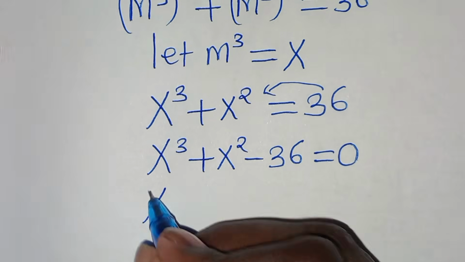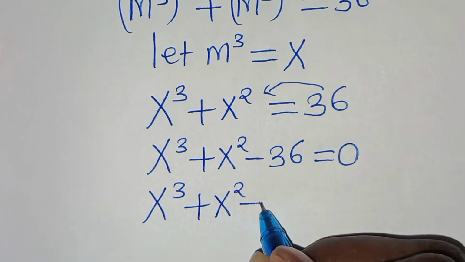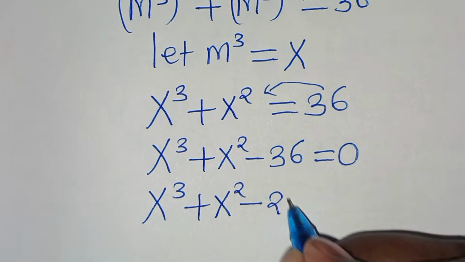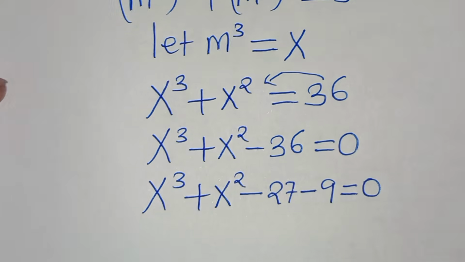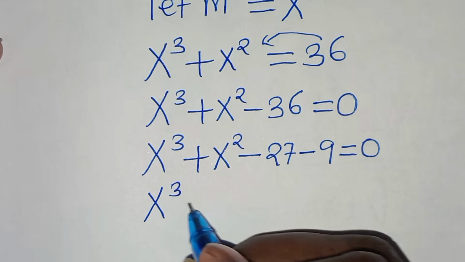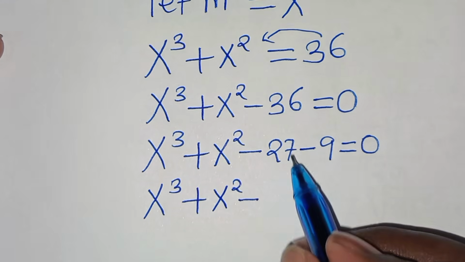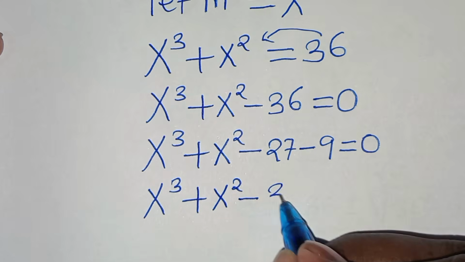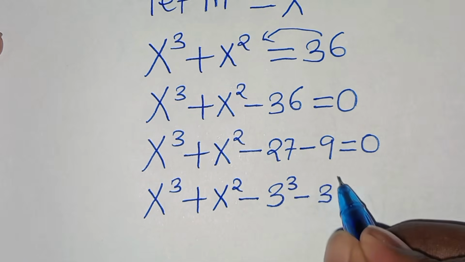So this is x to the power of 3 plus x to the power of 2 minus 36, which is minus 27 minus 9. This is equal to 0. So we have x to the power of 3 plus x to the power of 2 minus 27, where 27 is 3 to the power of 3, minus 9, which is 3 to the power of 2.